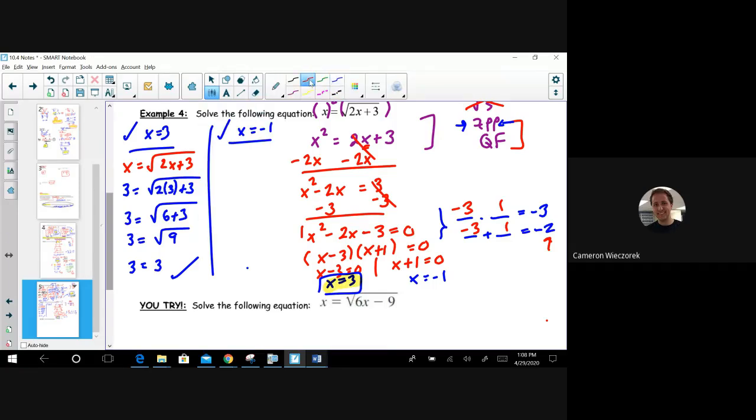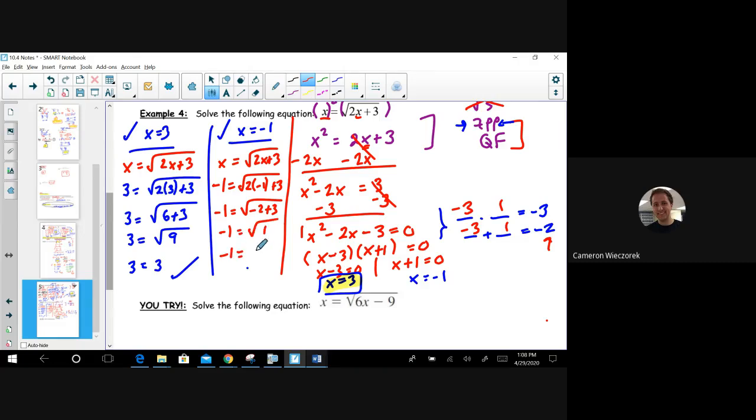Now I go and I try -1. Everywhere I see x, I'm replacing it with -1. So I'm using the same equation. This time I'm going to plug in -1. -1 equals the square root of 2 times -1 plus 3. -1 equals the square root of -2 plus 3. -1 equals the square root of 1.